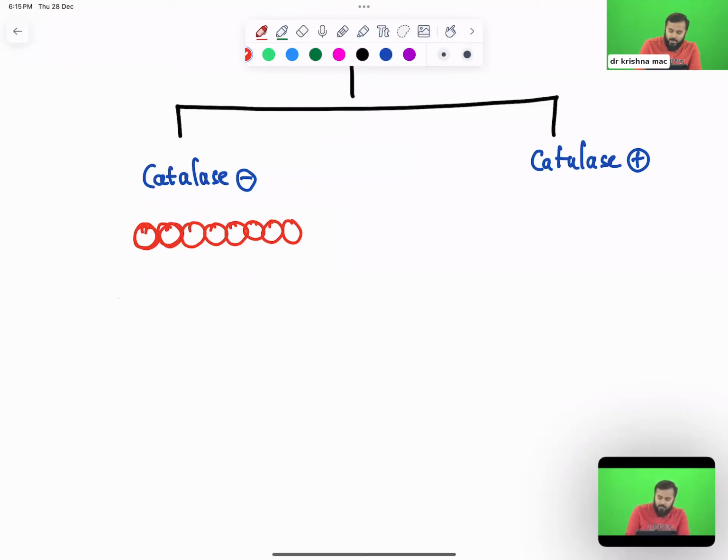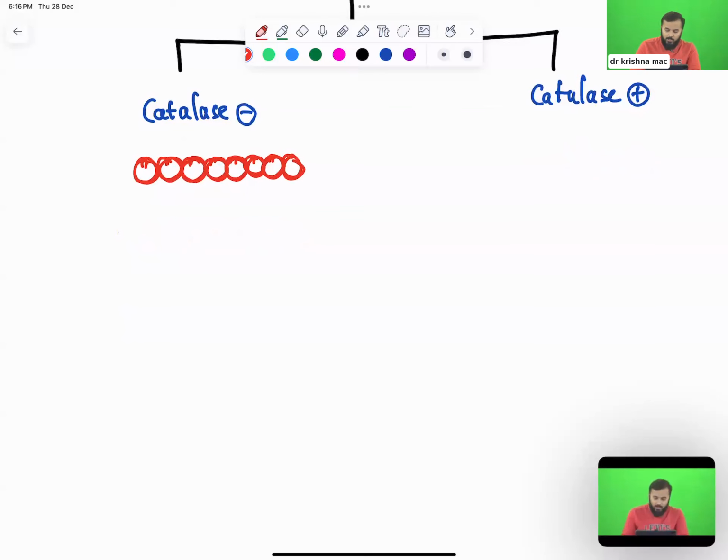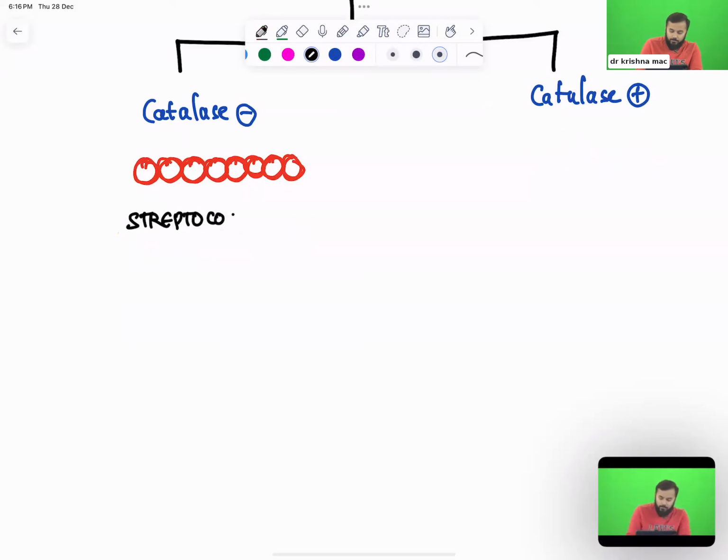Now tell me these bacteria are circular. If these bacteria are circular, I can call them as cocci and they are arranged in the form of a chain. So I have to call them as anyone? Very good. I have to call them as streptococci. Any bacteria in the form of a chain is called as streptococci.